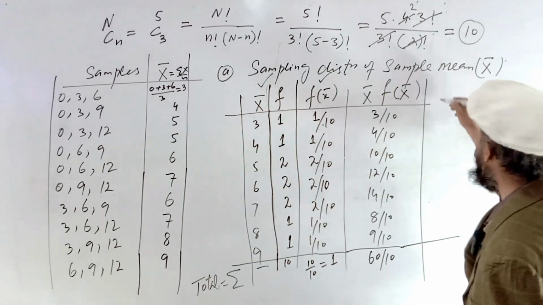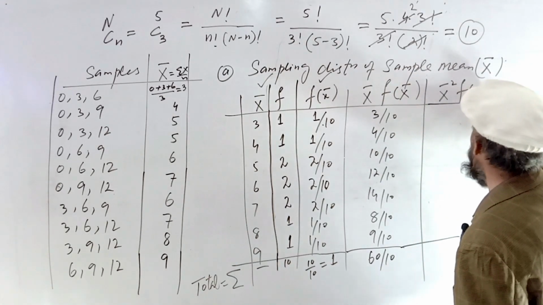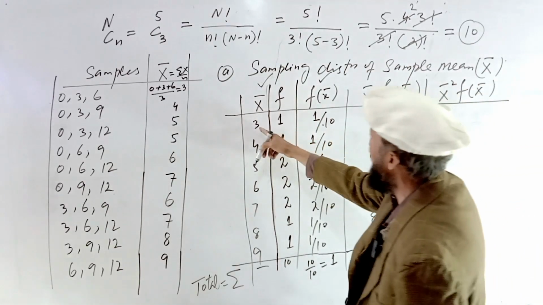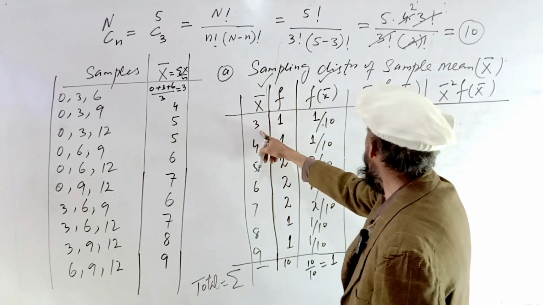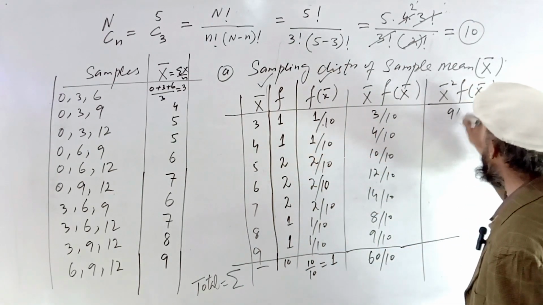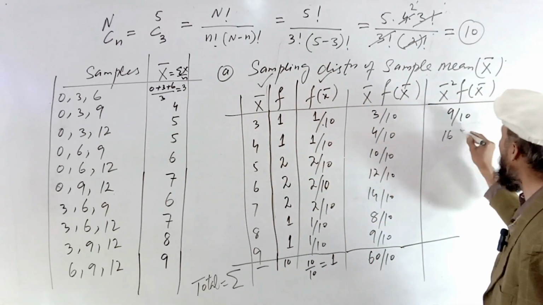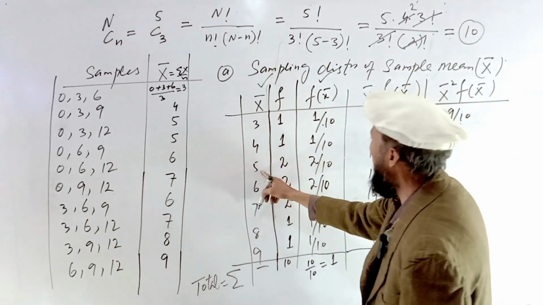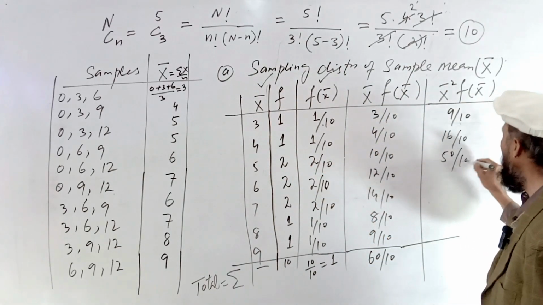Another column is needed for the variance. For the variance, x bar square times f of x bar means we take the square of this result. X square means 3 square, 9 multiplied by 1, 9 divided by 10. Similarly, 16 multiplied by 1, 16 divided by 10. 25 multiplied by 2, 50 divided by 10.